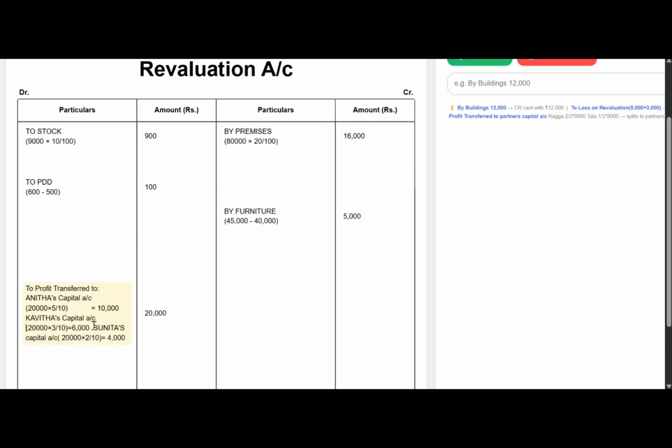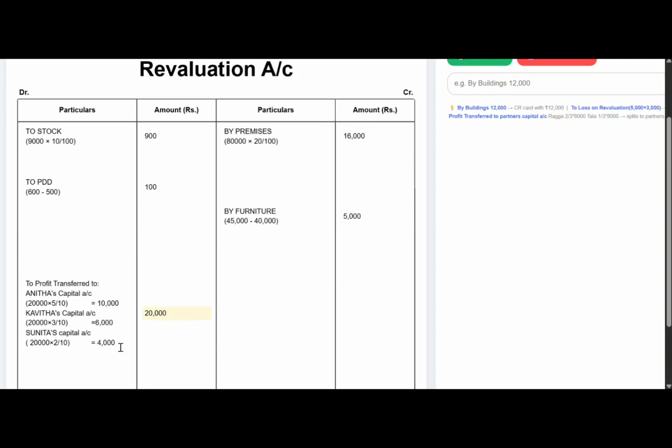So Kavita will get 6,000 as her profit. And for Sunita's capital account, it will be 20,000 into 2 by 10, and Sunita will get the profit from the revaluation, that is 4,000. So total 20,000 profit is distributed to all the three partners in their old profit sharing ratio.